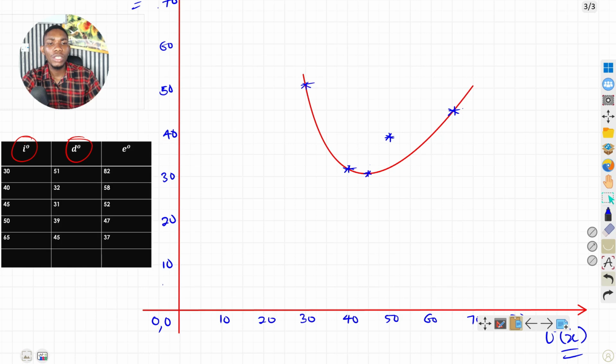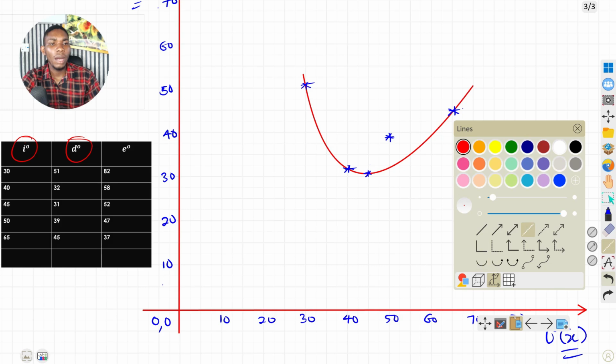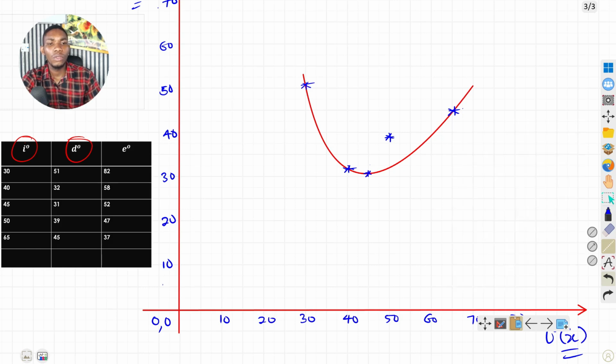That point at which this curve is lowest is our d minimum, and our d minimum here is around 31, because it was 31 that we drew at that point, right? So if we draw a line to this side, we have our d minimum to be around 31. Most times the lowest value you have on the d axis is your d minimum. So our d minimum is 31. The corresponding angle of emergent for the d minimum is 40.